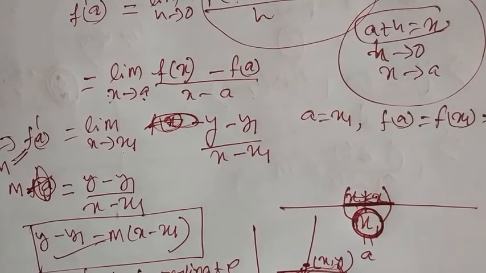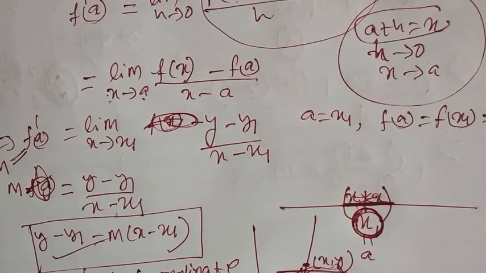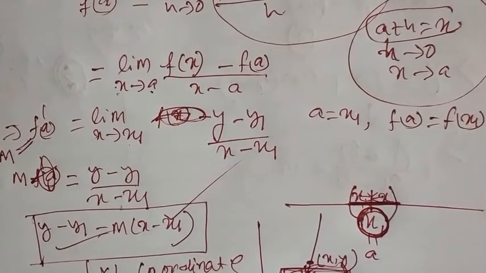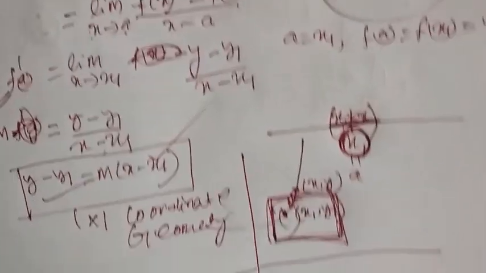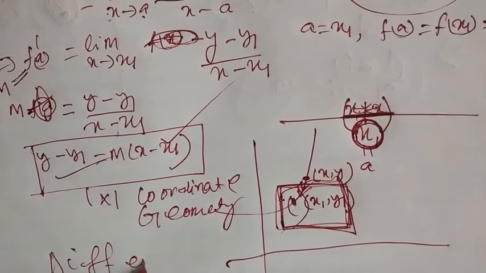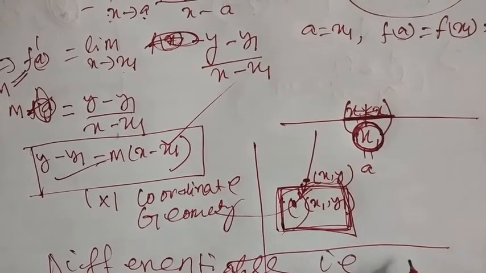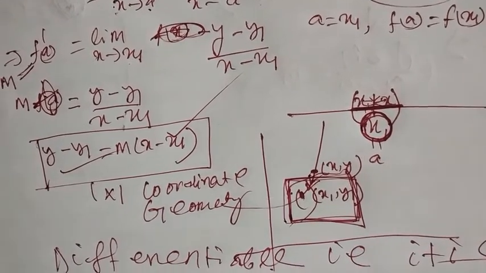So the geometrical meaning of differentiability is that when a function is differentiable at a point and I magnify that point, I will see that point as a straight line. You see the beauty of calculus. Therefore, we call a function differentiable, that is, it is locally linear.